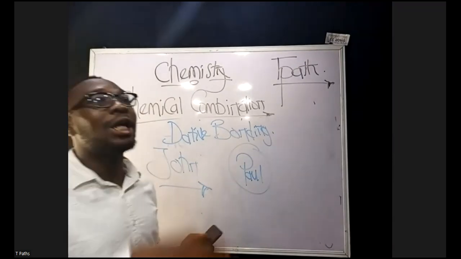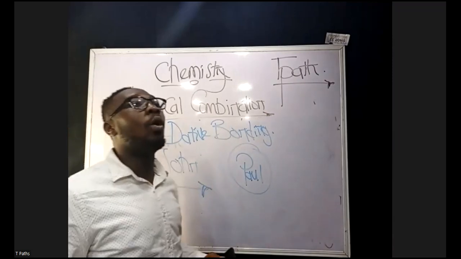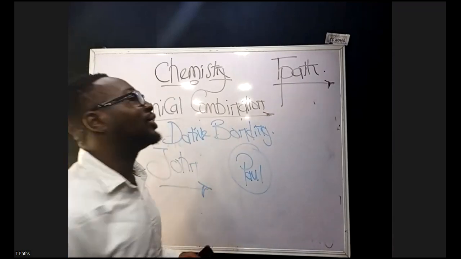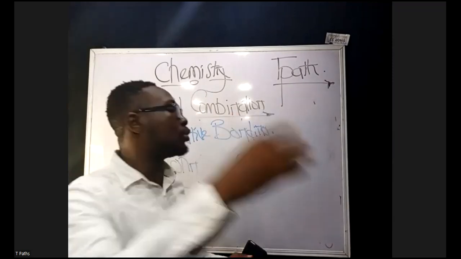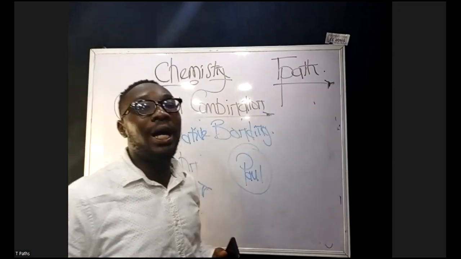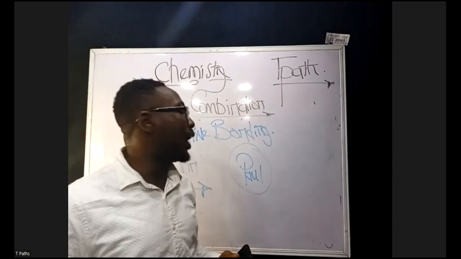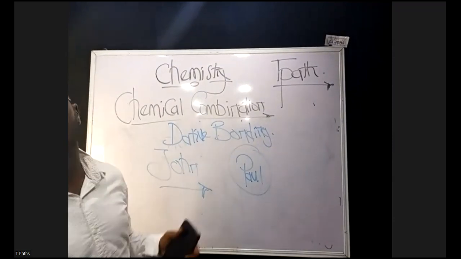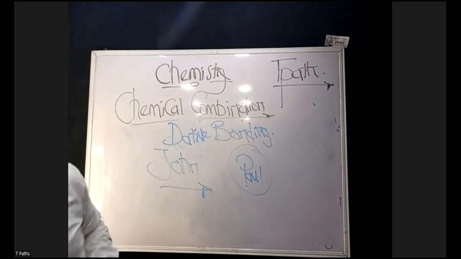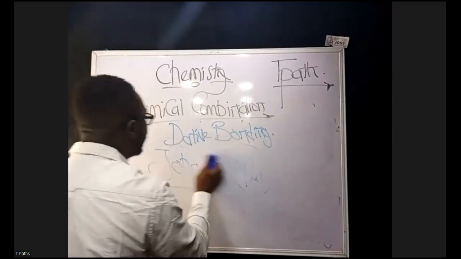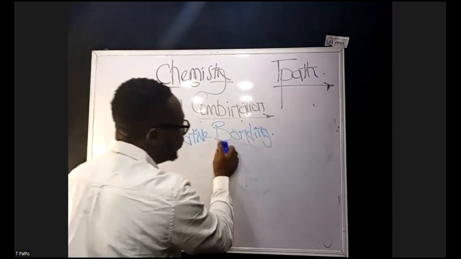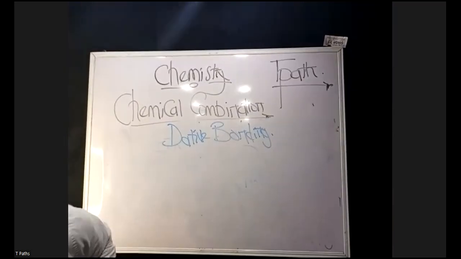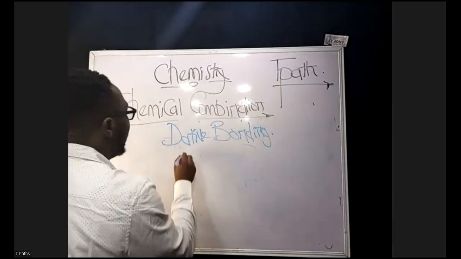In dative bonding, we have an atom or a group of atoms that shares electrons with another. Take NH3 and H plus.